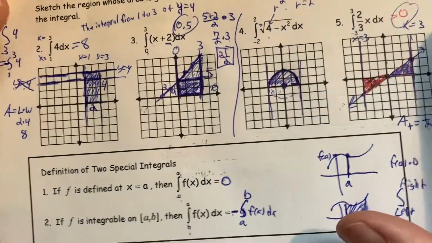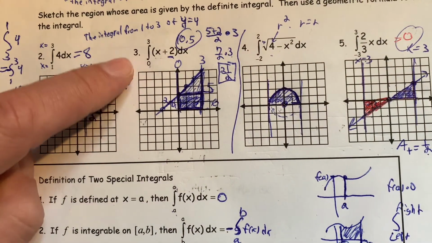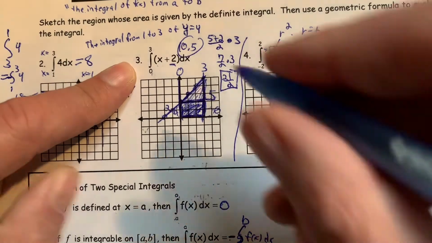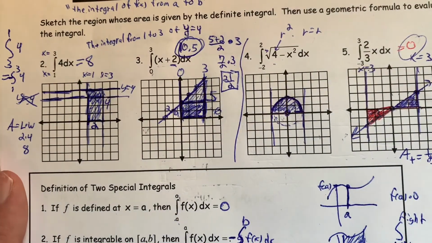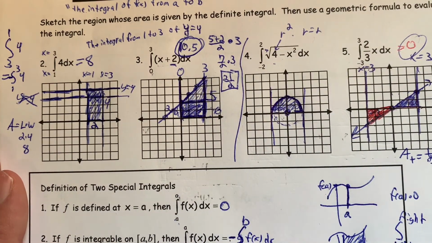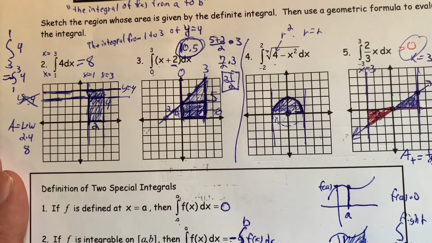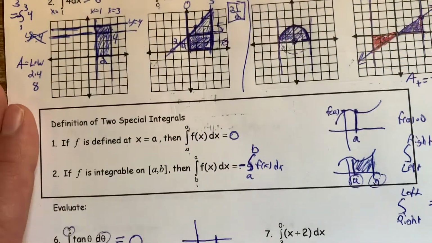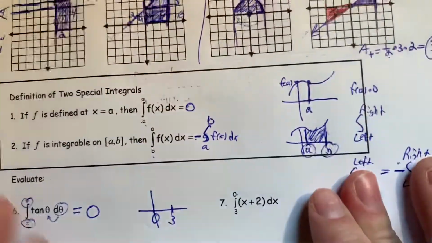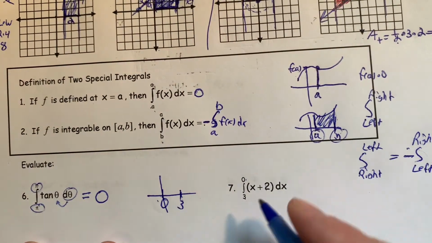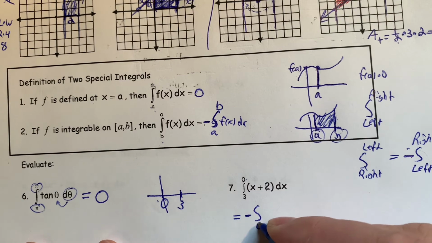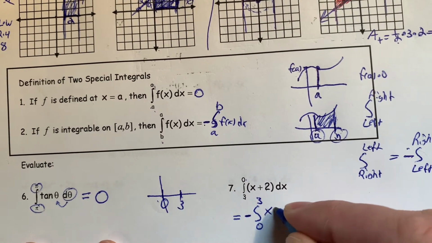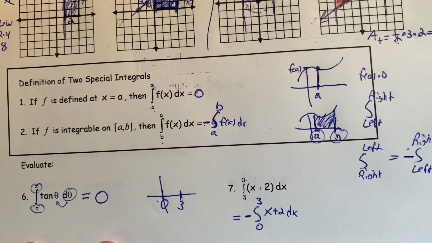And I'd like to point out, you really want to use your answer from number 3 when we got 10.5 or 21/2. So the integral from 3 to 0, well, here's 3, here's 0. That's going from right to left. So going from 3 to 0 is right to left. Hopefully you found that this is negative of the integral from 0 to 3 of x plus 2 dx.